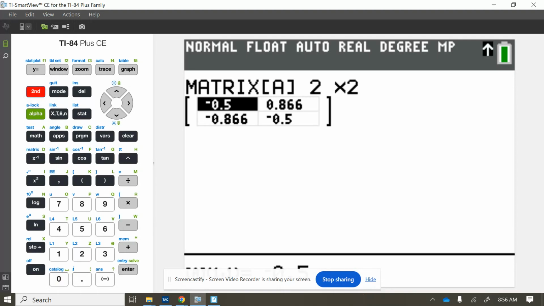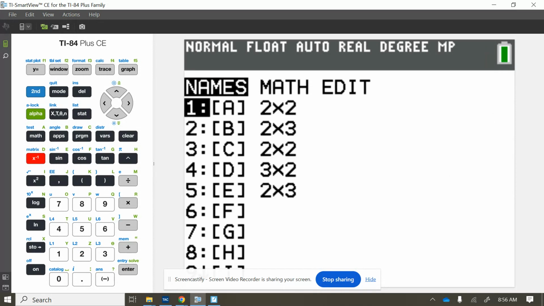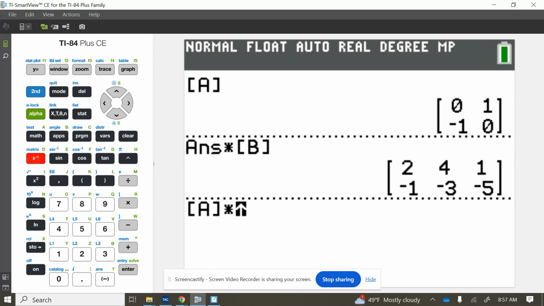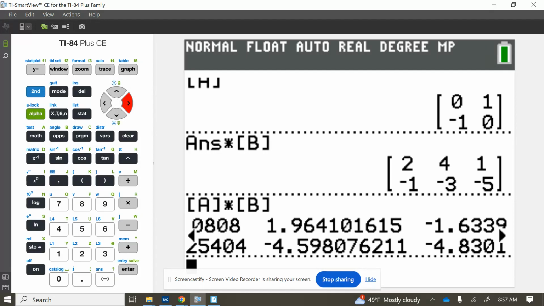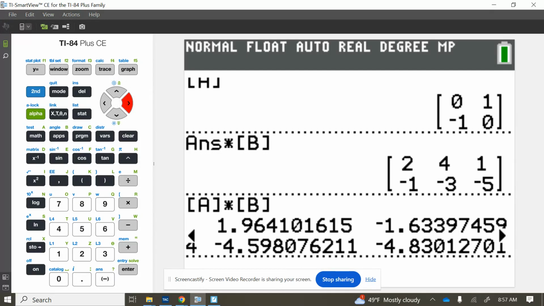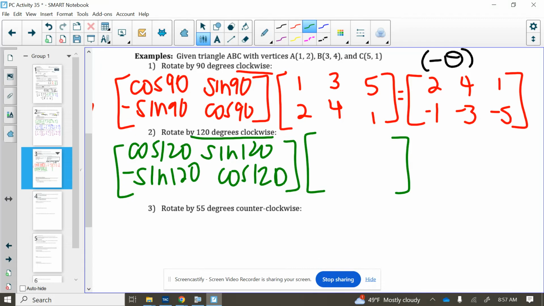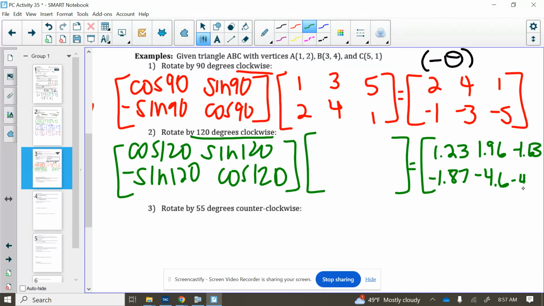It'll store those for us, and then we can take matrix A times matrix B again to get our final value, which we will have to approximate. If you scroll using the arrow, you'll see the rest of these just round to a couple of decimal places. So we have 1.23, negative 1.87, 1.96, negative 4.6, and then negative 1.63, negative 4.8.